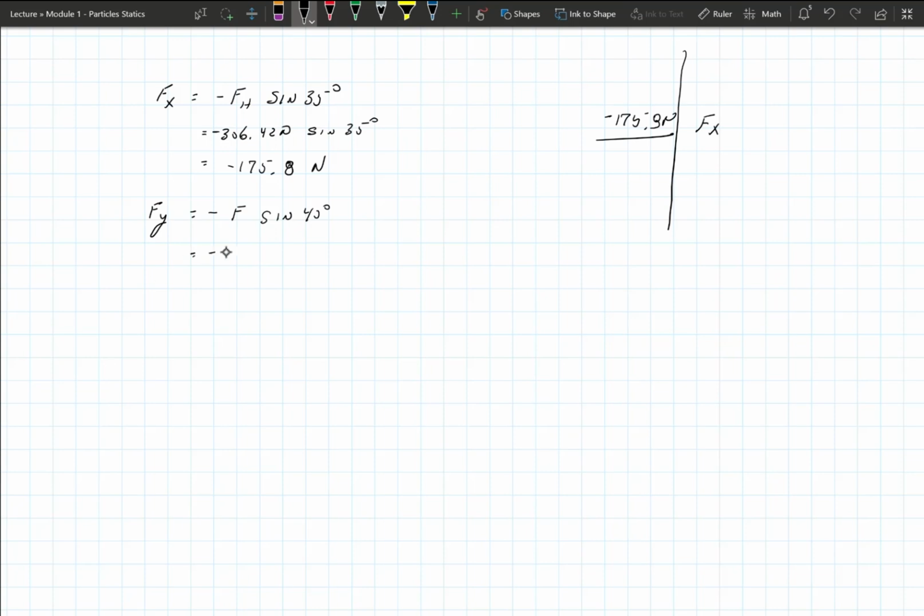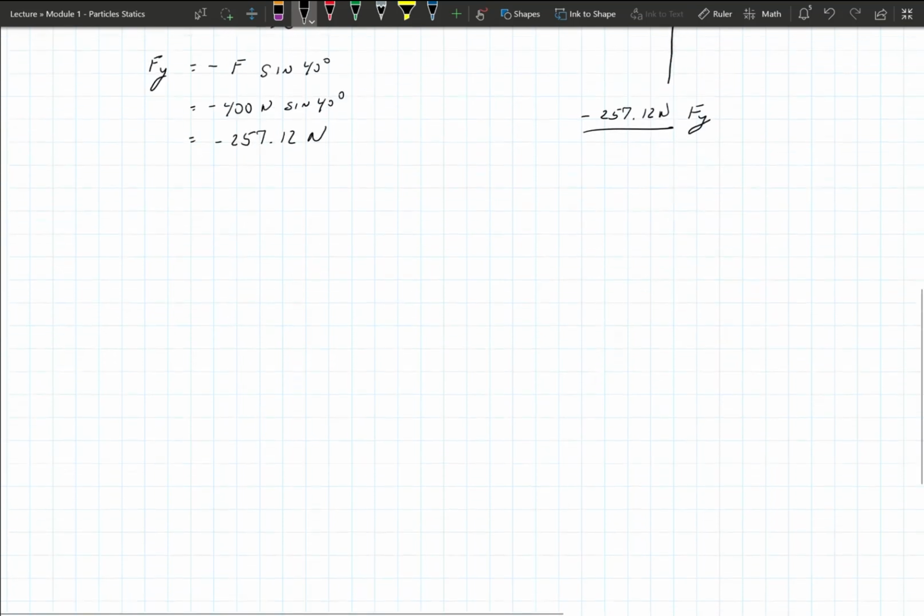So negative 400 newtons times the sine of 40 degrees, and we get negative 257.12 newtons. F of y, negative 257.12 newtons. Underline it, and away you go.